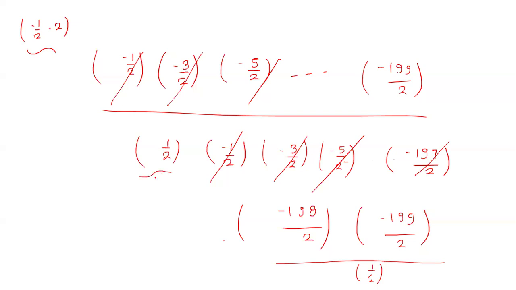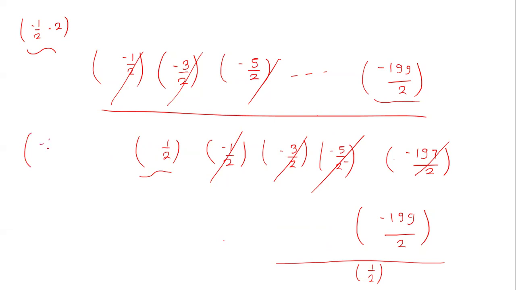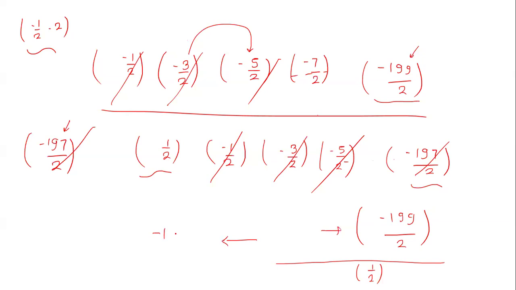Oh sorry, this term is not there, because before this term the term is minus 197 by 2; there is a difference of 2, you see 3, 5, then minus 7 by 2, and these go like this. So here is 197 and 199, so this term will cancel with this term and only this term will remain. And you can see the final answer is minus 199, because this half will cancel with this half.